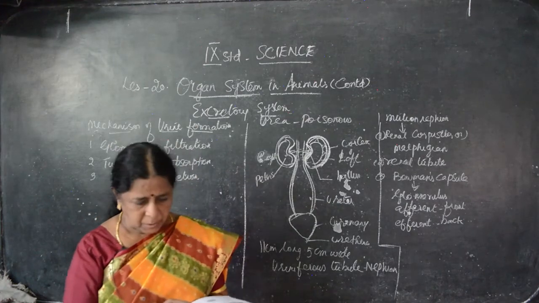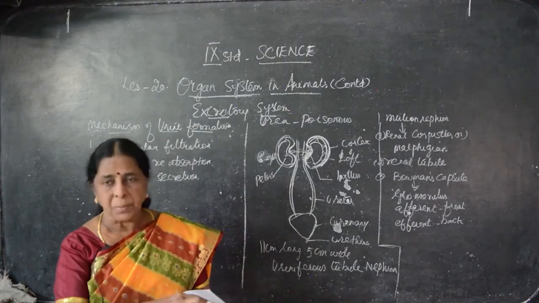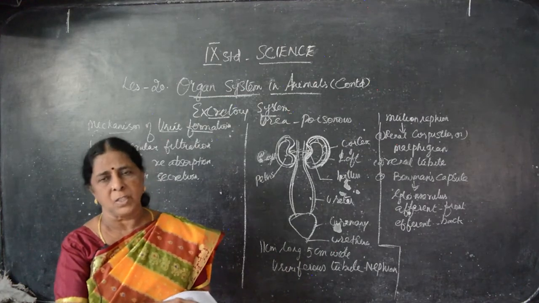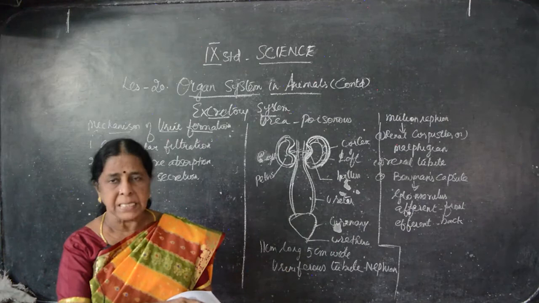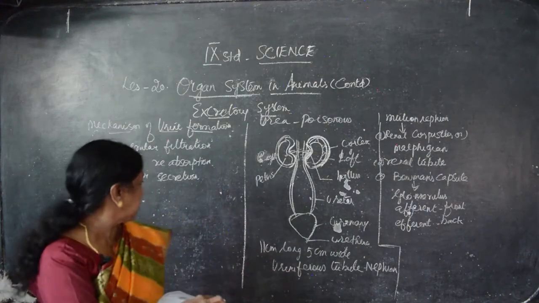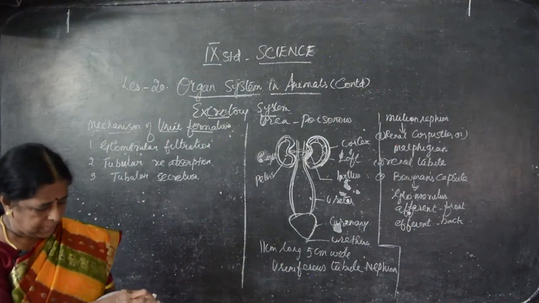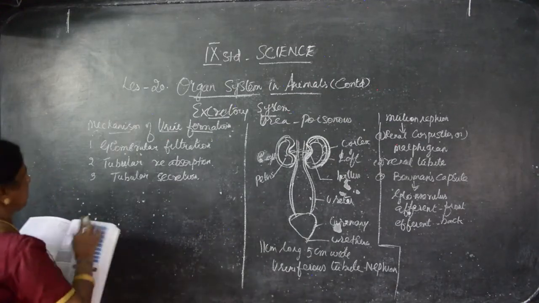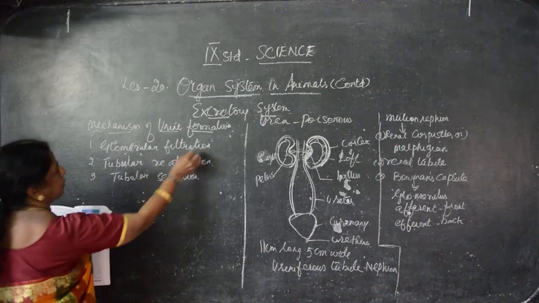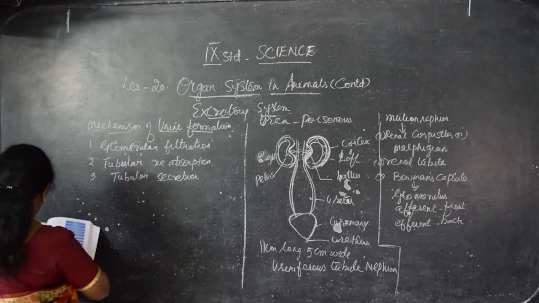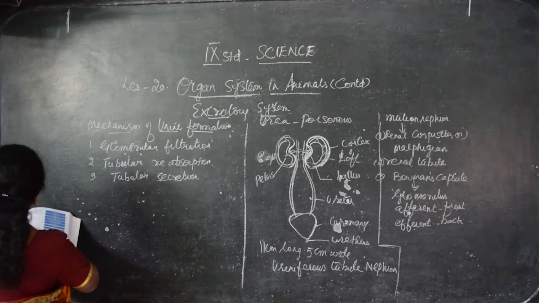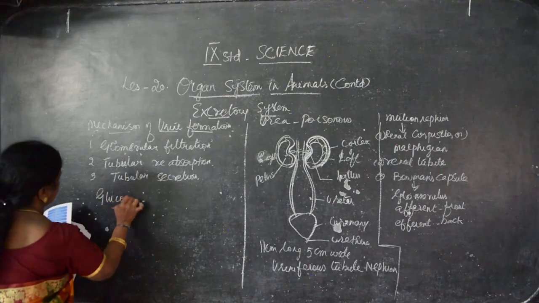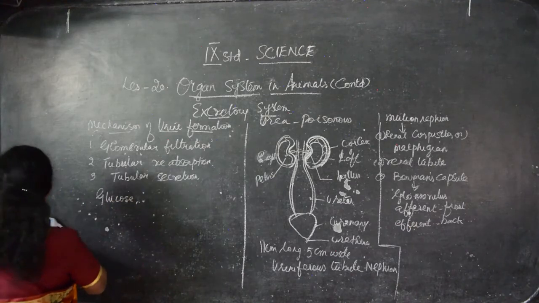Then tubular reabsorption. The filtrate in the proximal tubule consists of essential substances, essential for us, such as glucose, amino acids, vitamins, sodium, potassium and bicarbonates, and water, that are reabsorbed to the blood by the process of selective reabsorption. So first filtration, then selective reabsorption. Glucose is the sugar we need for our metabolic process.